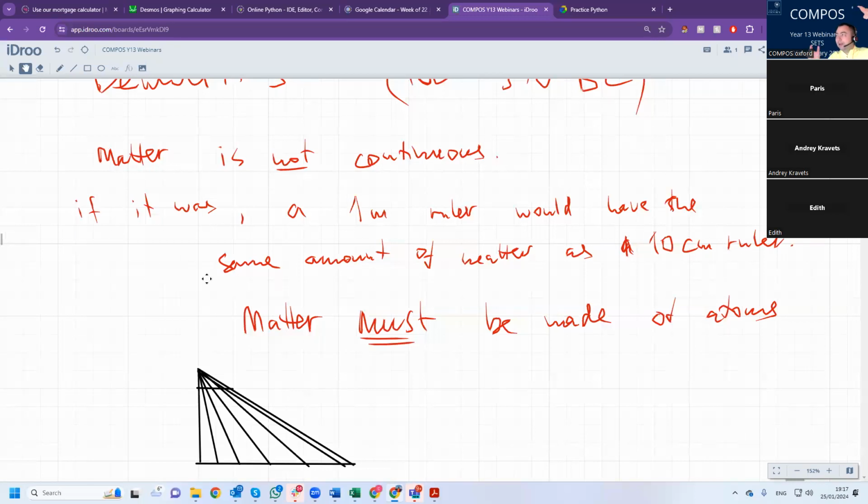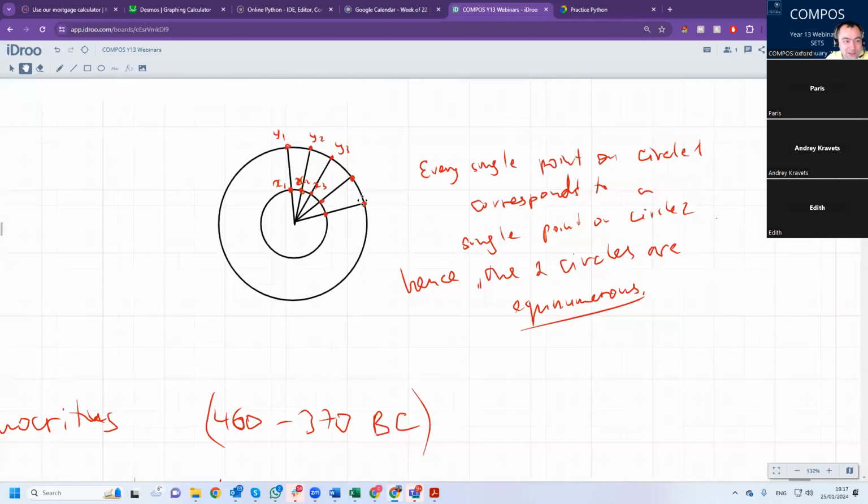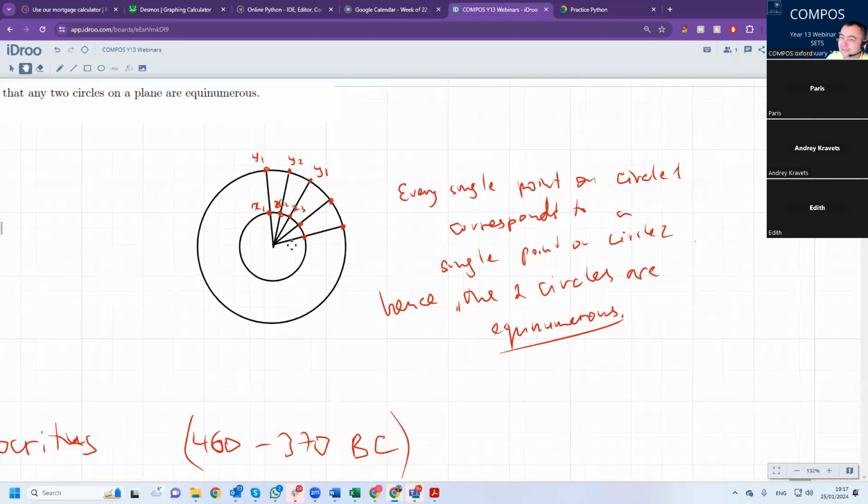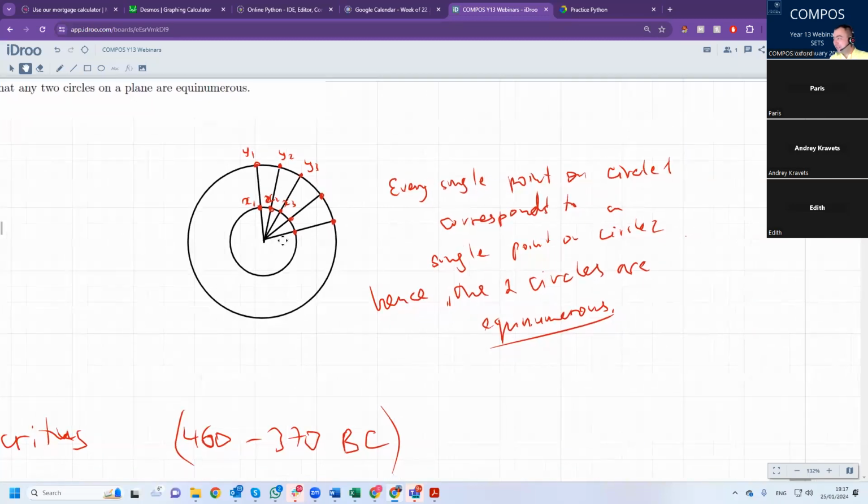So we're coming back from math to real life. In real life, a meter ruler has more atoms than the 10 centimeter ruler. Now here, the circle is not a physical circle; it's a mathematical circle, and that's why they have the same number of points.